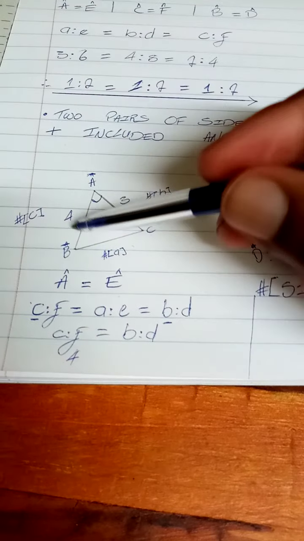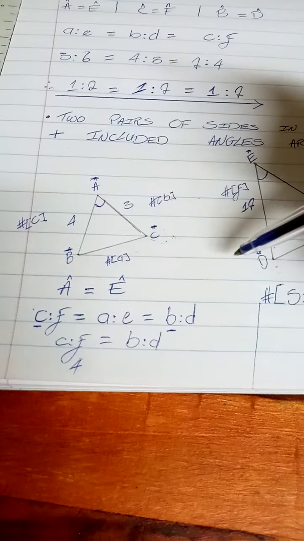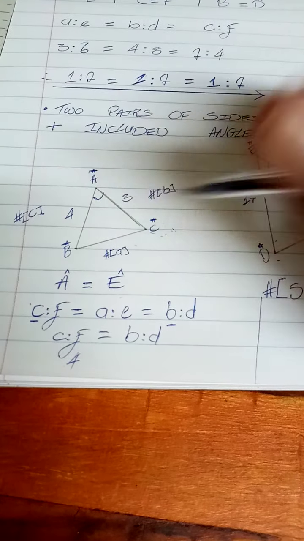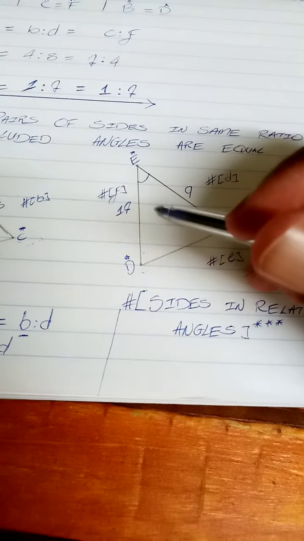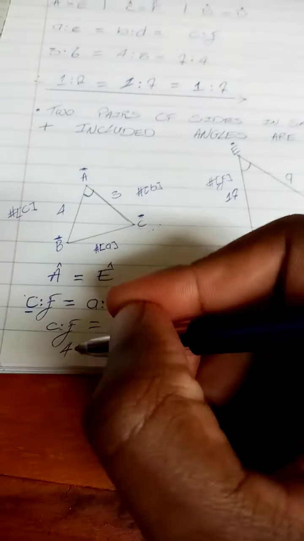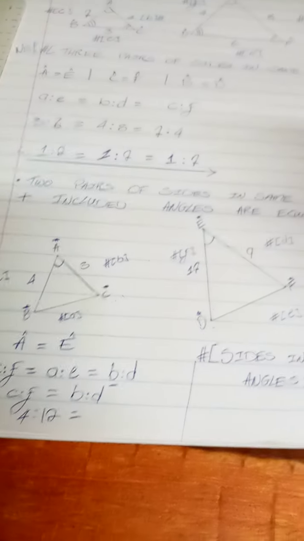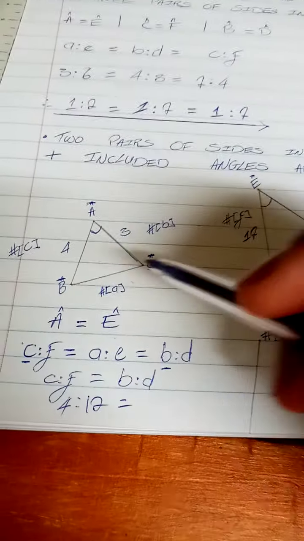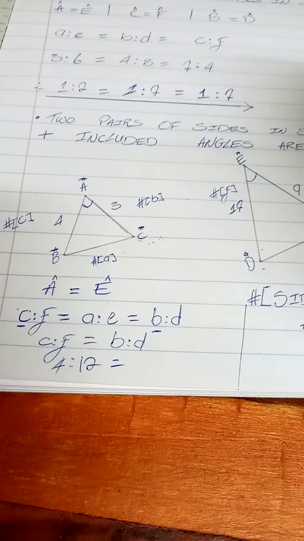C being the side opposite the angle of C, right here. So it is 4. Whereas right here, F, which is the opposite of angle F, is 12, which is equal to, we are now looking for B. B, the opposite of angle B right here, is 3.